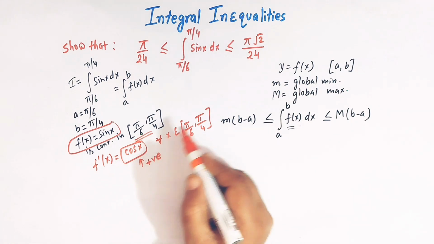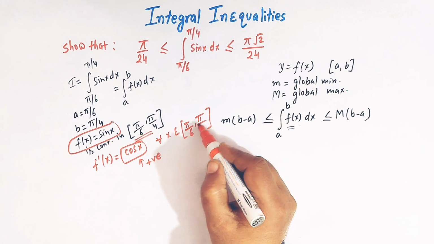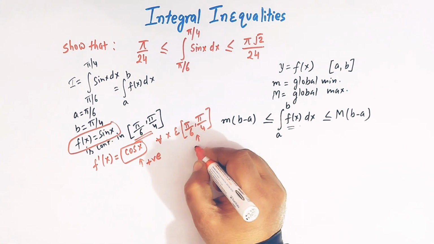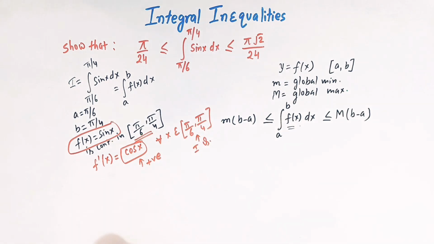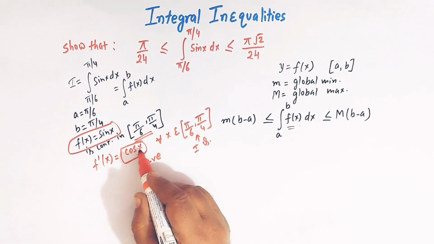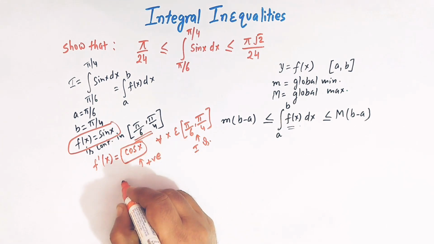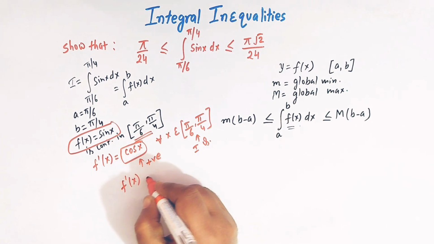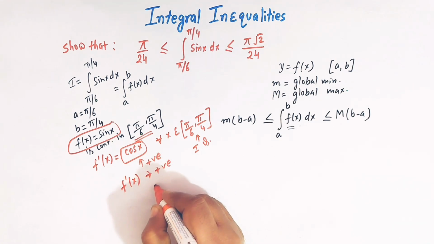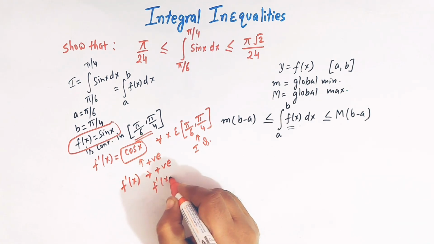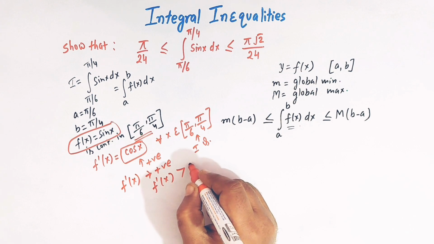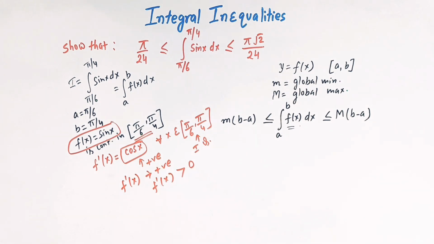So moreover, we can also say that pi by 6 to pi by 4 lies in the first quadrant, right? So cosine of x is a positive quantity for all values of x, so our derivative must be positive, or in other words we can say that the derivative should be greater than 0, right?